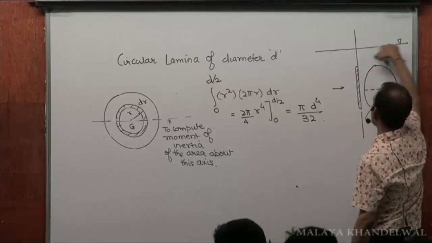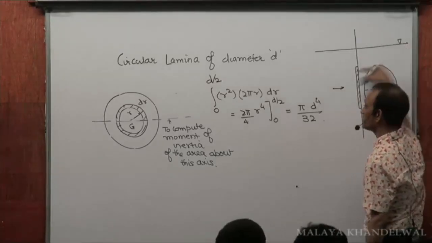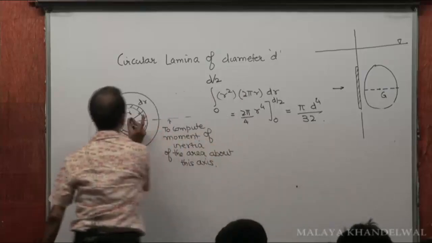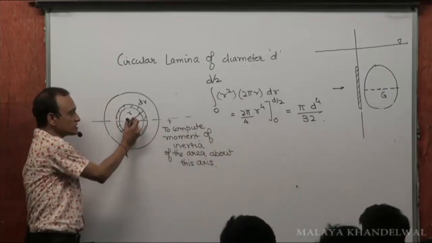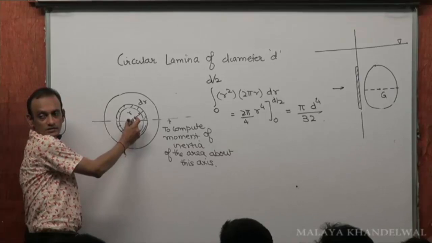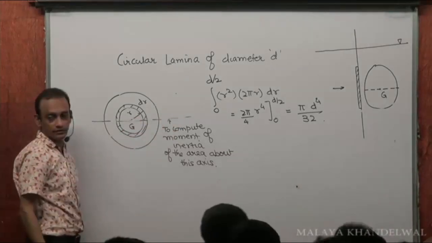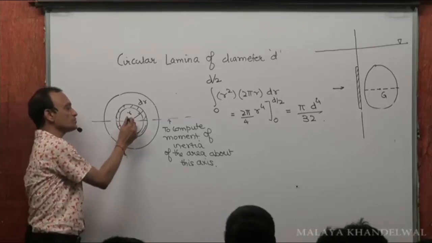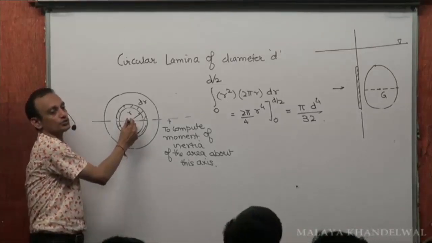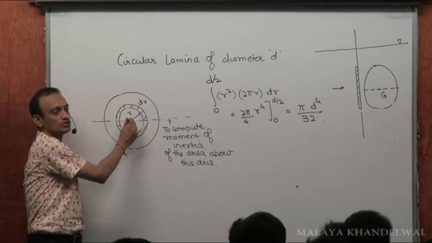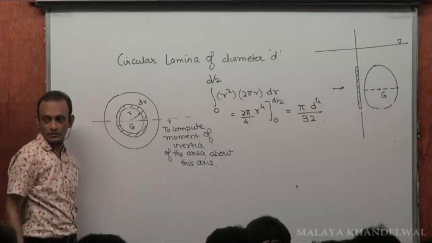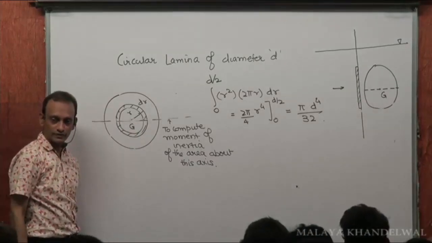But this is not the IG that I need. This is I about an axis passing through G and perpendicular to the circular lamina.